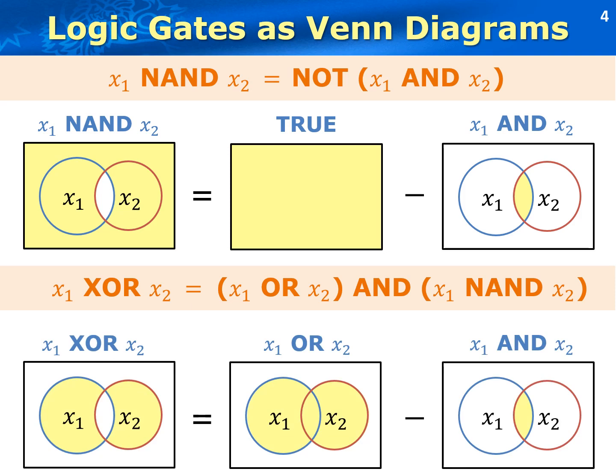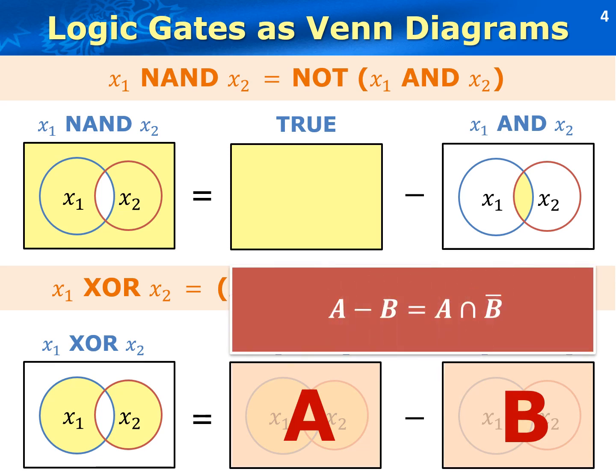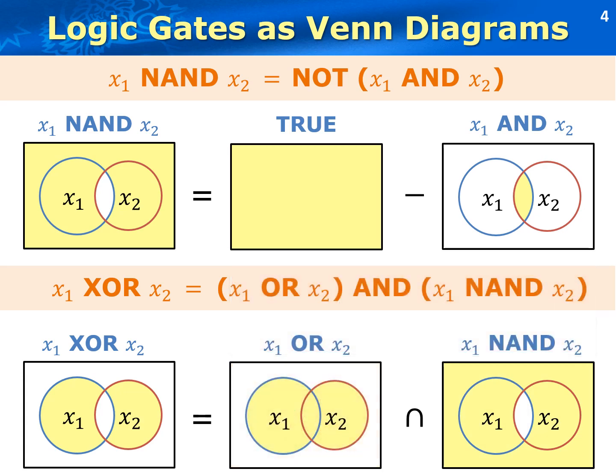Based on the set theory, we know that for two sets A and B, A minus B can be expressed as A intersects the complement of B. In our expression, B is the intersection of x1 and x2. That is the AND gate. Thus, the complement of B becomes the NAND gate. Here, the set A is the OR gate. Therefore, the above expression for the XOR gate is immediate.